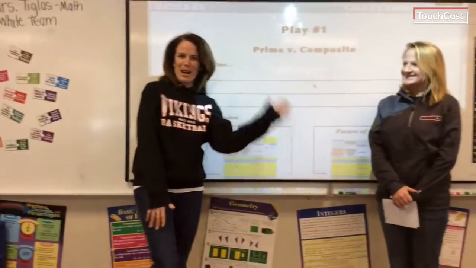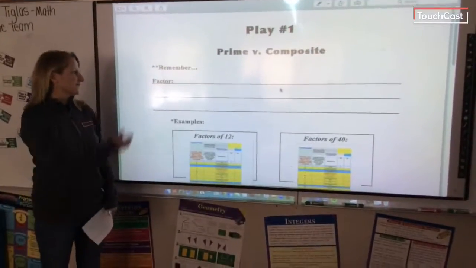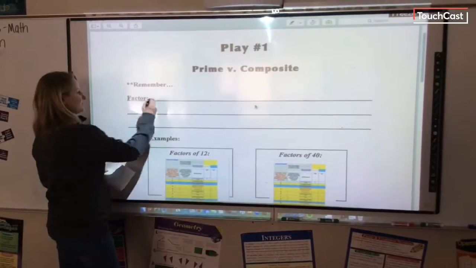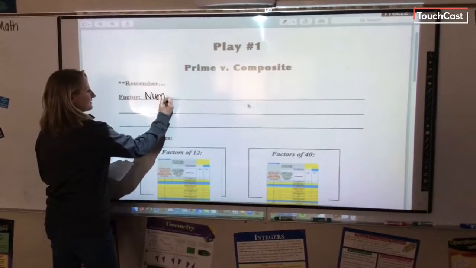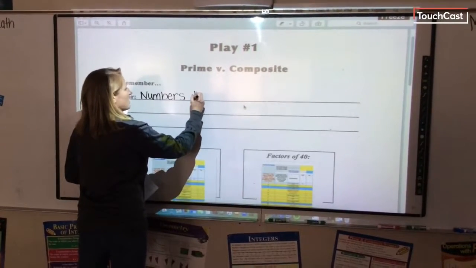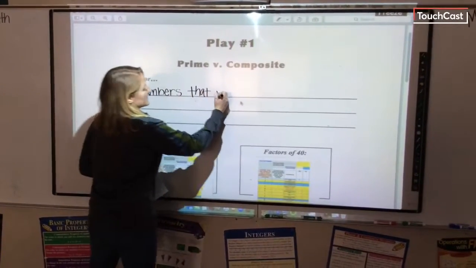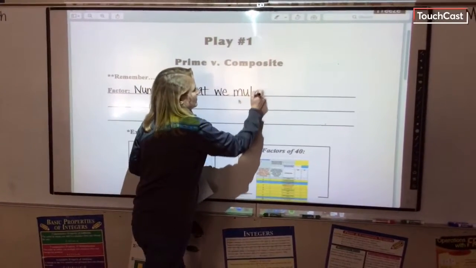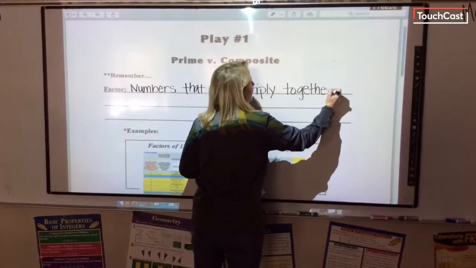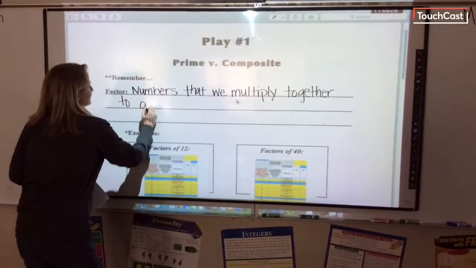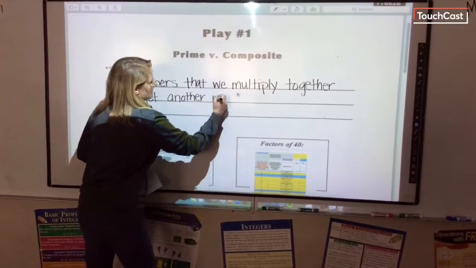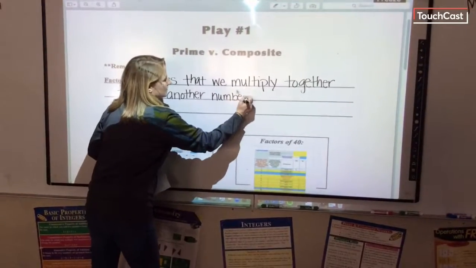Tiglis and Mrs. Graham. Okay, so we're going to first start by defining what a factor is. We've kind of talked about this before, but factors are numbers that we multiply together to get another number.